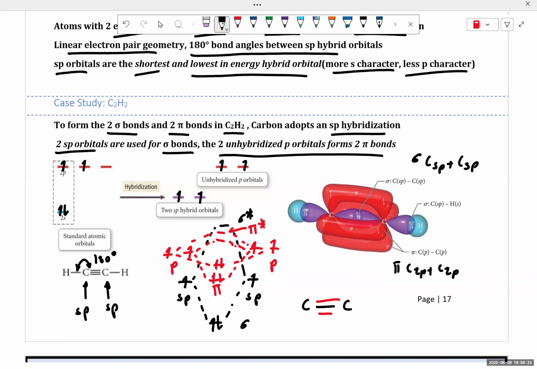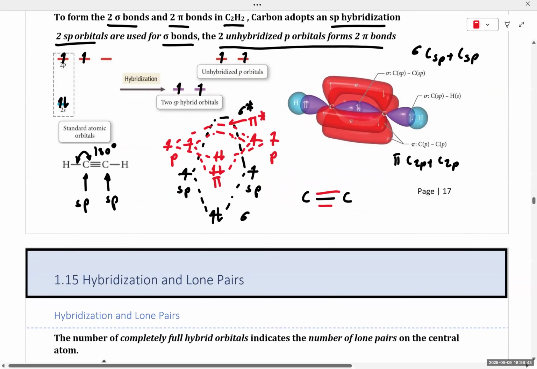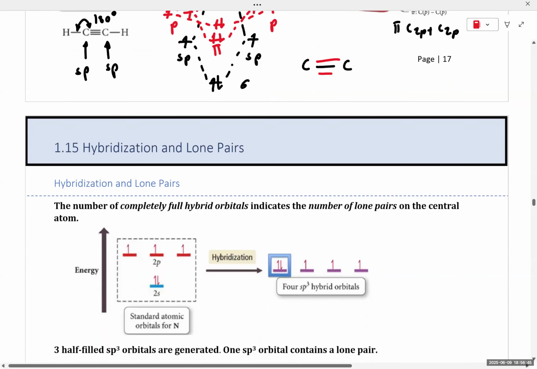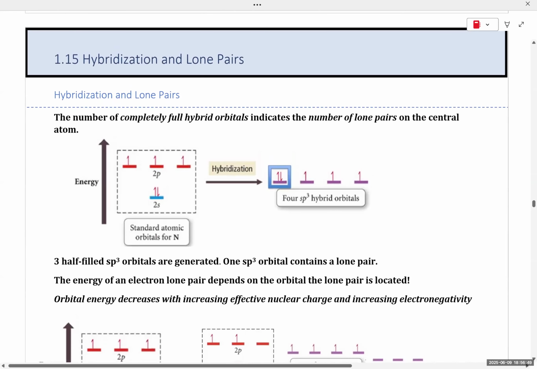So, we've talked about the different types of hybridization and the impact on a molecule's shape in terms of bond angle and geometry. Let's now talk a little bit about the impact of lone pairs during hybridization.